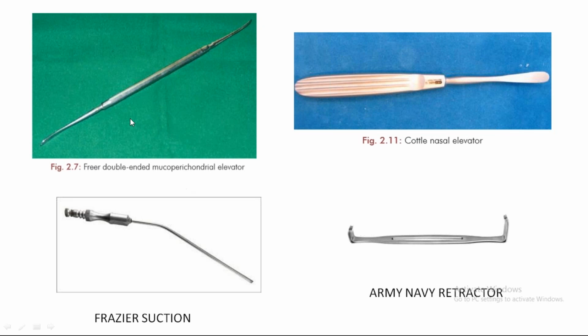Here you can see this is a Freer's double end elevator, or you can use this cottle nasal elevator. Even you can use the Farabeuf's periosteal elevator also. And this is an Army Navy retractor, and this is a Frazier suction. These are the equipments which are used.